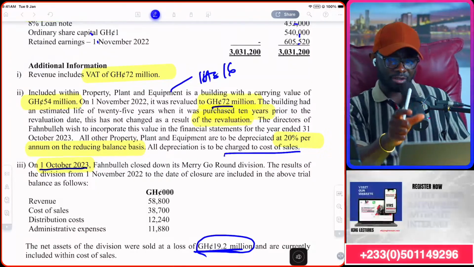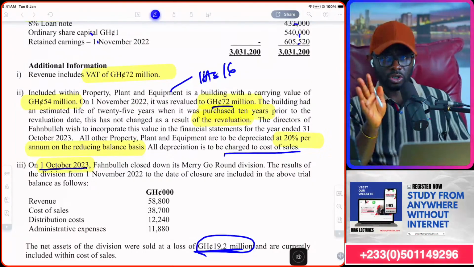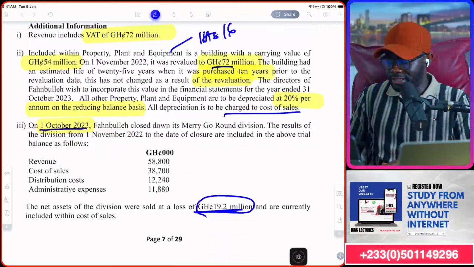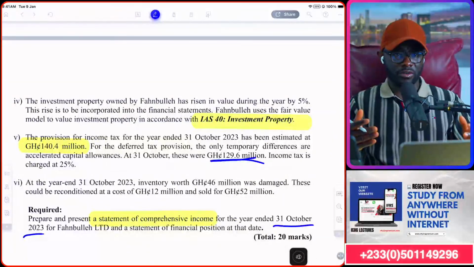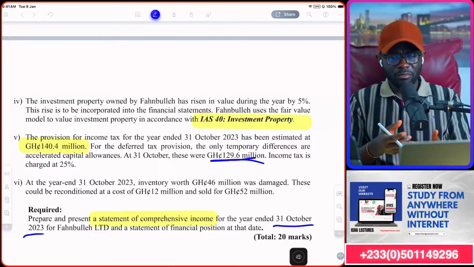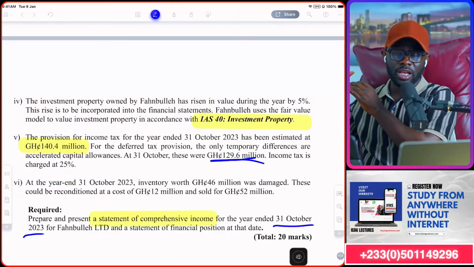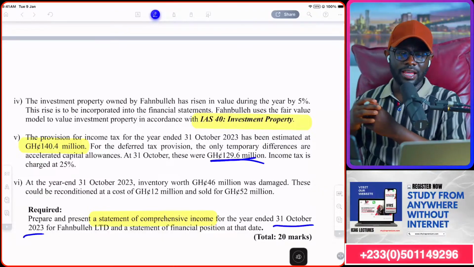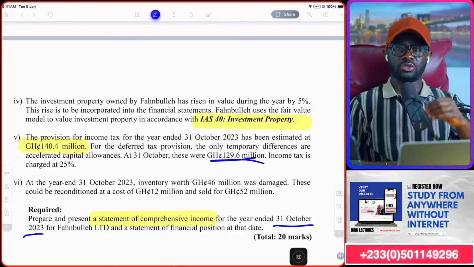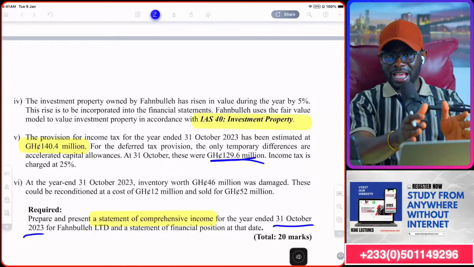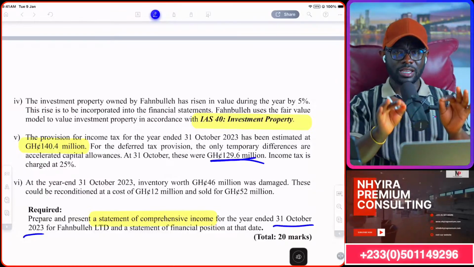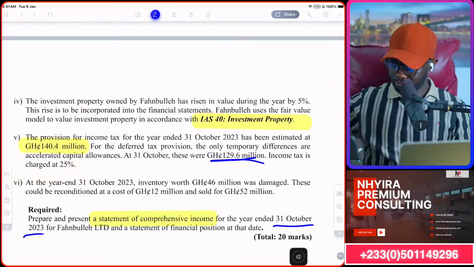But in the context of this question, we are not told that the deferred tax is because of the revaluation of assets. If not, then any movement in the deferred tax, a portion would have gone to the revaluation surplus and the OCI, then the other portion would be what we would charge to the P&L account. It does not apply in the context of this particular question.